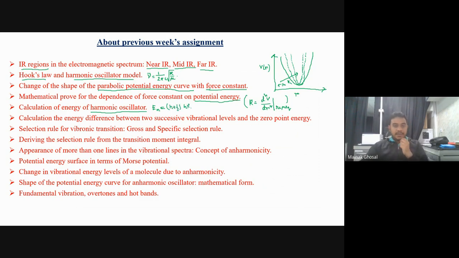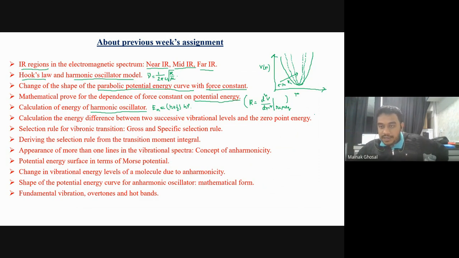This is the energy of the harmonic oscillator. Suppose this is the potential well. These energy levels are given by N plus half h nu. So the ground level will have energy half h nu, and the next level will have energy for N equals 1.